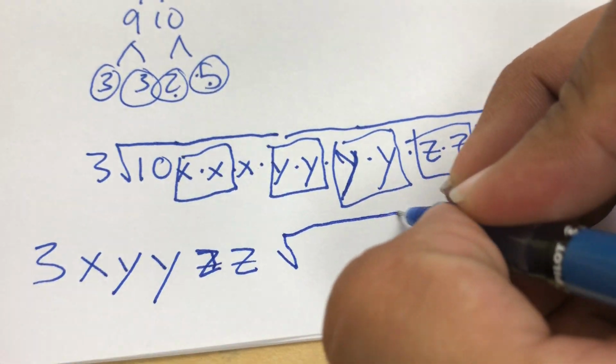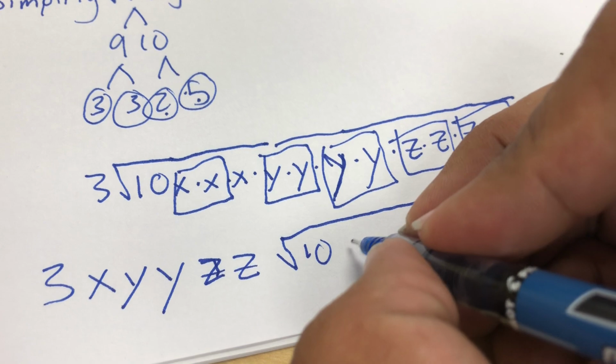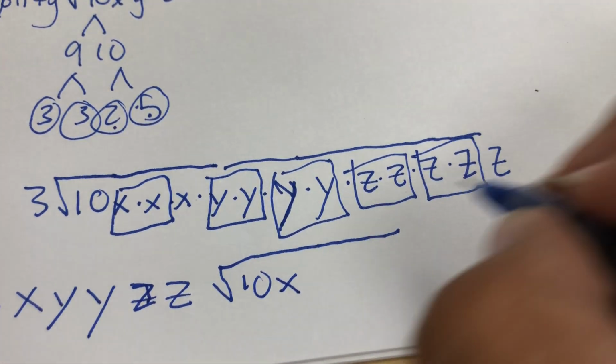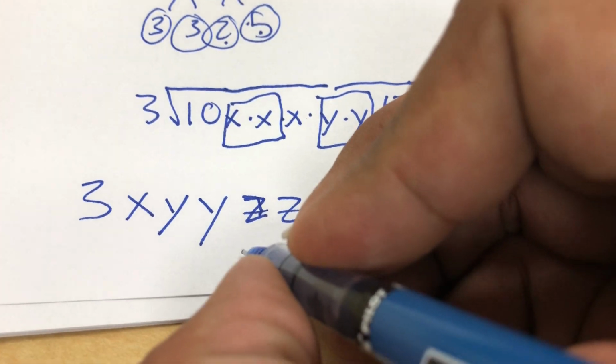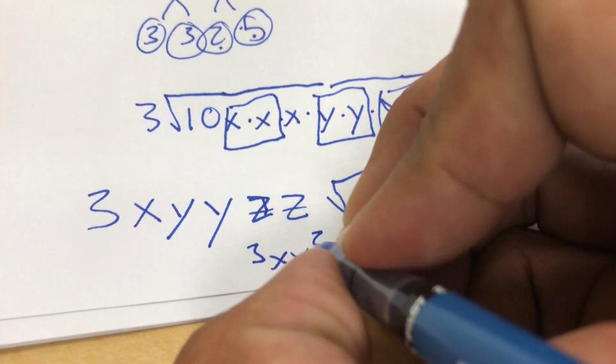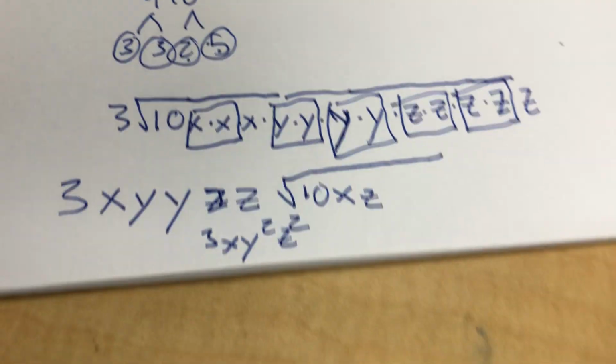And what's left on the inside all multiplies together. We get a 10, we get an x, we get a z. And the outside is going to be 3xy squared, z squared. So that's the very long way of doing it.